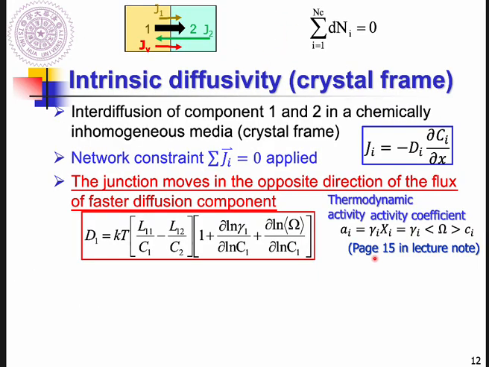Okay, so back to here, we know that gamma equal to 1 is ideal and larger or smaller than one is non-ideal. Okay, so because interdiffusion happens, we have AB, so based on their bond energy, gamma will be different, right? Okay, so then move forward. So you have some pictures, ideas related with that.